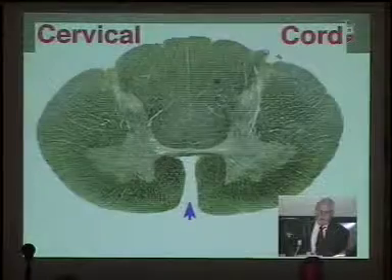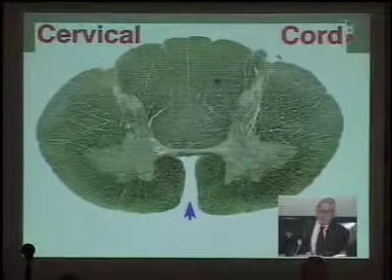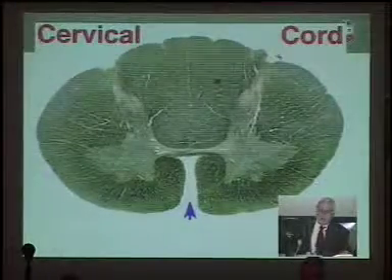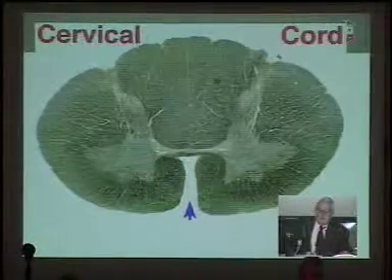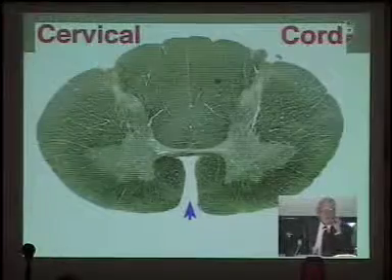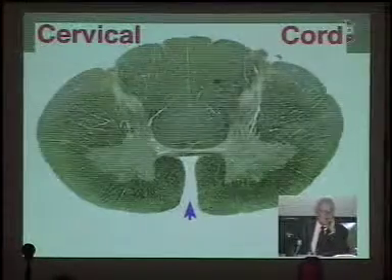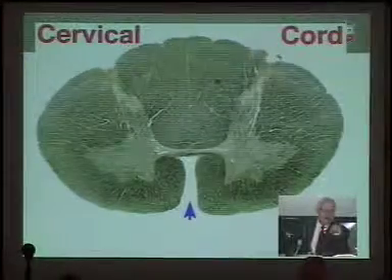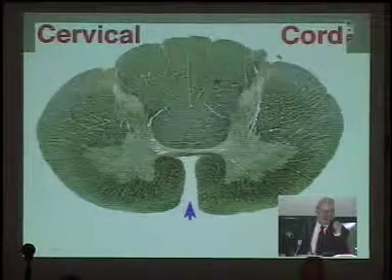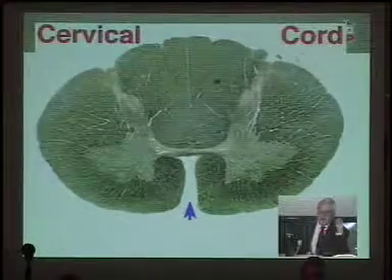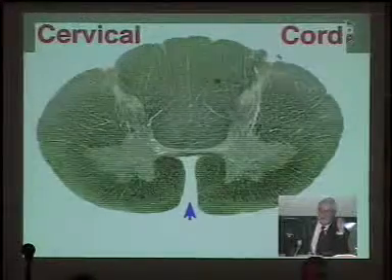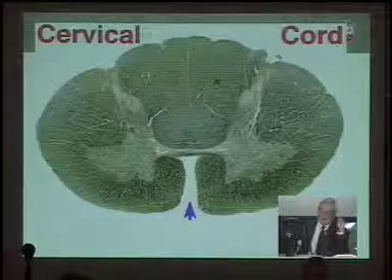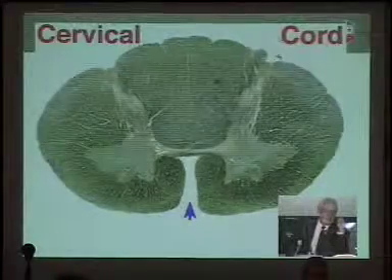This would be the part of the cord that would degenerate here in Tabes dorsalis, the dorsal columns. Okay? In individuals that get an anterior spinal artery infarct, the anterior spinal artery basically supplies the anterior two-thirds of the cord. So the only thing that is preserved is the dorsal columns.